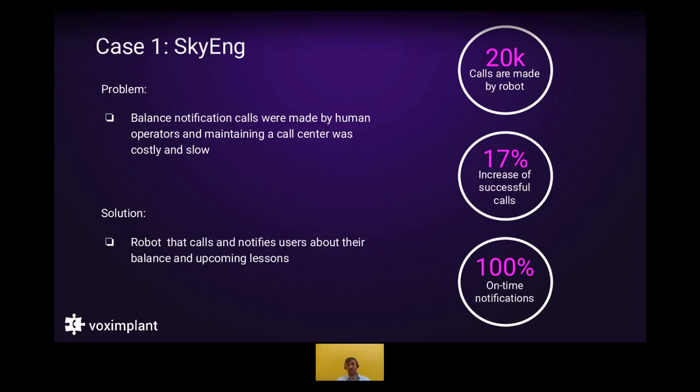So basically, it's an efficient way of doing these notifications, and they have increased the number of successful calls, as well as the number of calls in total. So basically, they could cover most parts of their client base with these notifications.